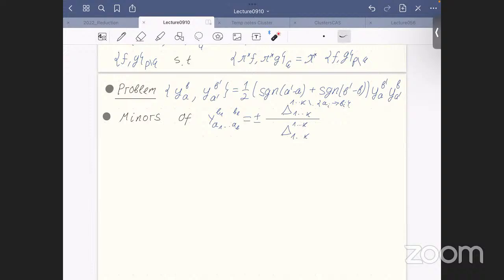Anyway, I will introduce only one subset here, and in order to write down their brackets, I will need some notation.